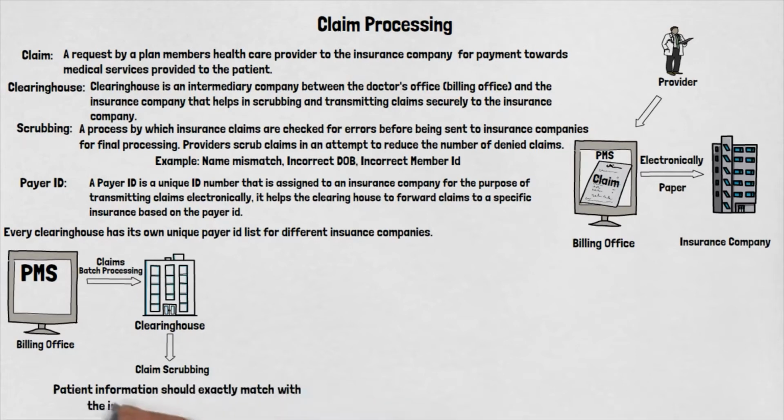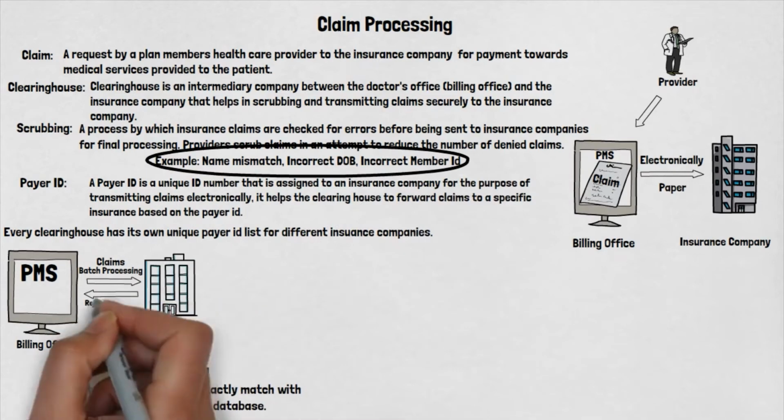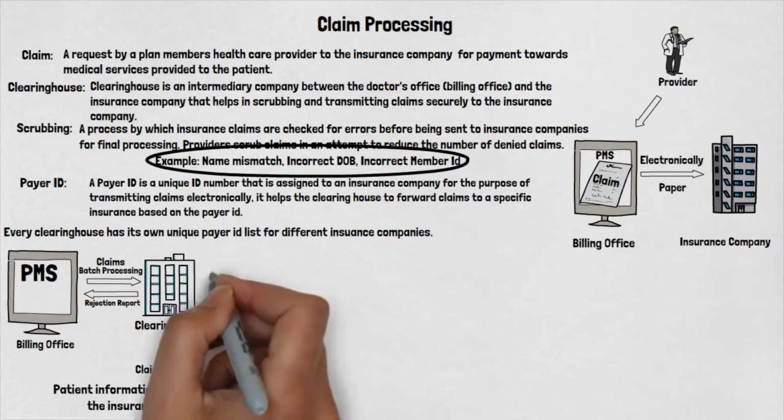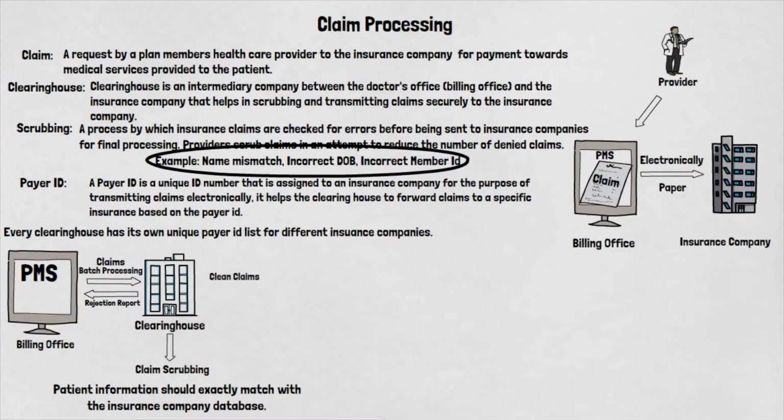And if the patient information is not matching with the insurance company database, then those claims are rejected and a claim rejection report is sent to the billing office. Now, claims without errors are known as clean claims and are forwarded to the insurance companies for further processing.